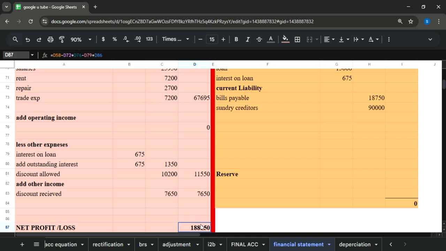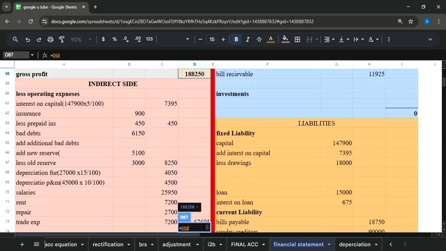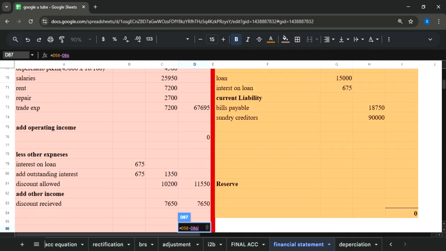So let's start the calculation of dummy net profit. Please understand, it's dummy net profit, as the sixth adjustment is yet to be calculated. So first you will go to gross profit, then you will subtract operating expenses, then you will again subtract other expenses, and then you will add your other income.